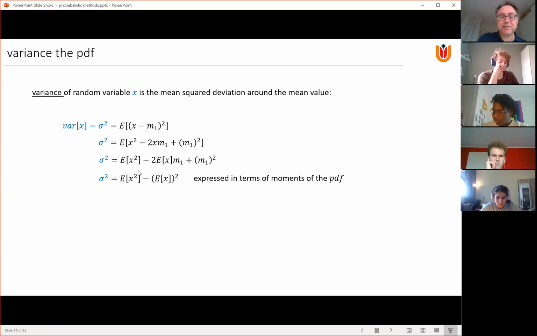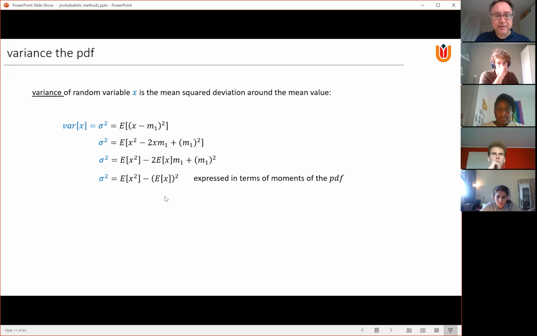So we can split that as the expected value of x squared minus 2 times the expected value of x times m1 plus m1 squared. Of course, the expected value of x was the definition of m1. So here we first subtract 2 times the expected value of x squared, and then add 1 back again.